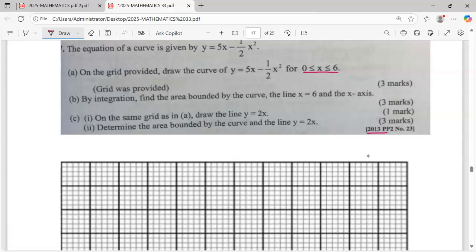So we are going to have a table having the values of x and also the values of y. When x is 0, the value of y, when you substitute it here, will be equal to 0. If x is 1, the value of y is going to be 4.5, sorry.